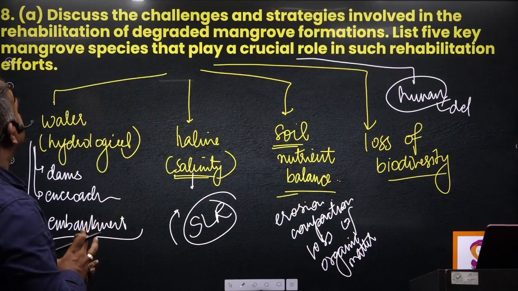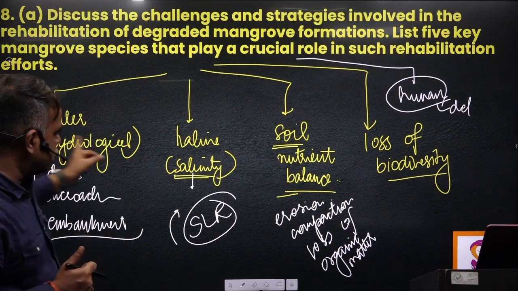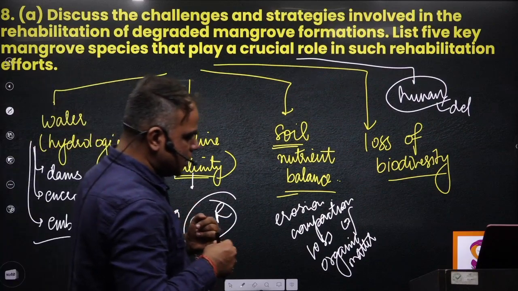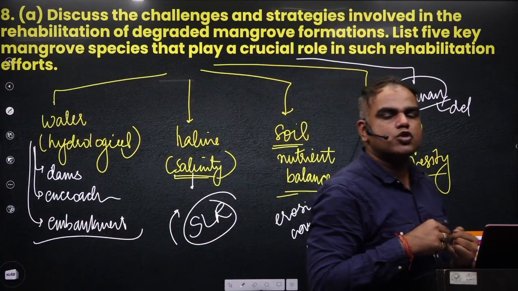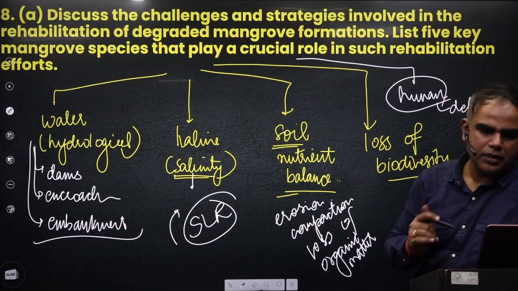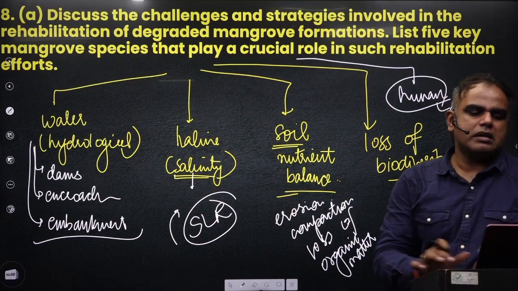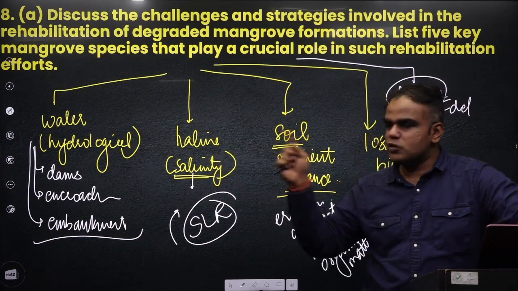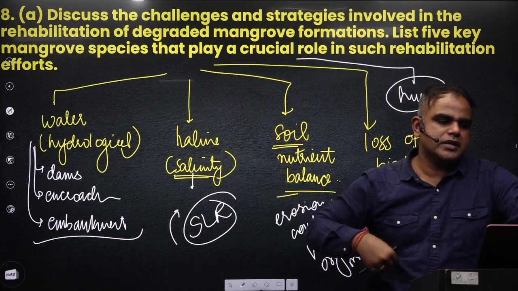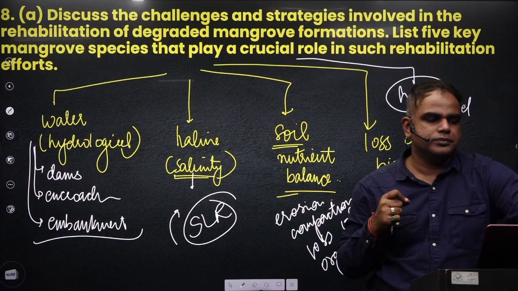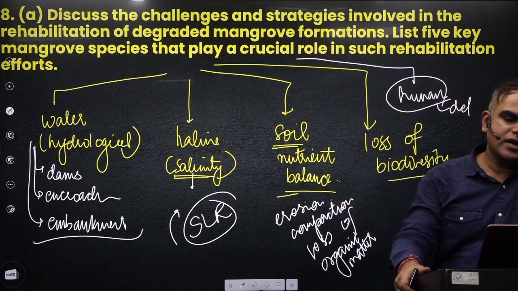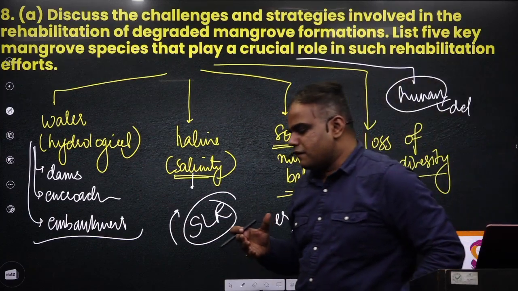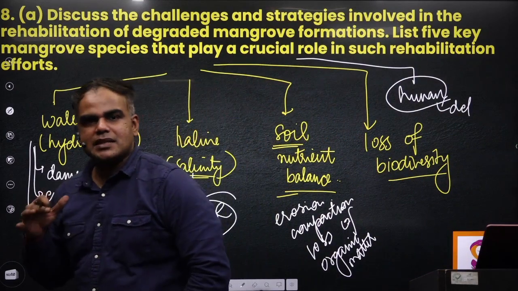So what is the strategy? If you know all these points, just change them. For water, hydrological restoration may happen. The first point may be restoring the natural hydrology. If we do that, it is better, which means better flushing can happen. For salinity, if the fresh water flow is less, we will add more fresh water.